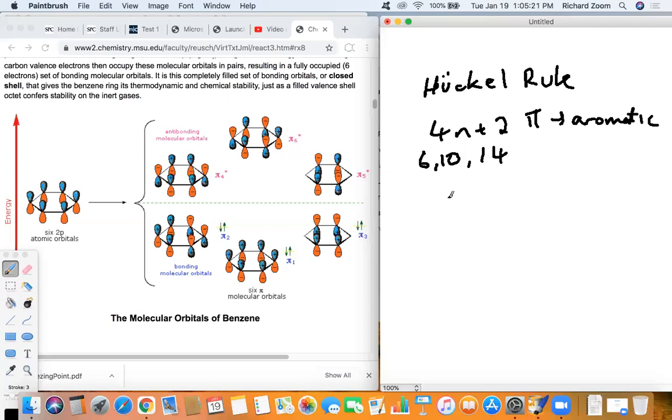These are magic numbers for aromaticity. 4n pi electrons would be anti-aromatic. And that would be 4, 8, 12, etc. Anybody have any questions?